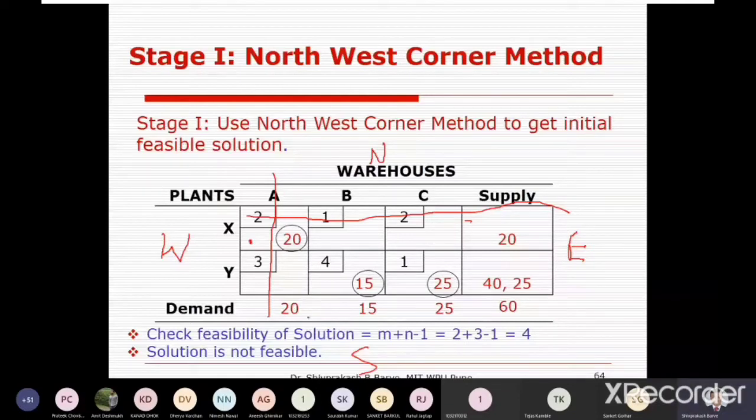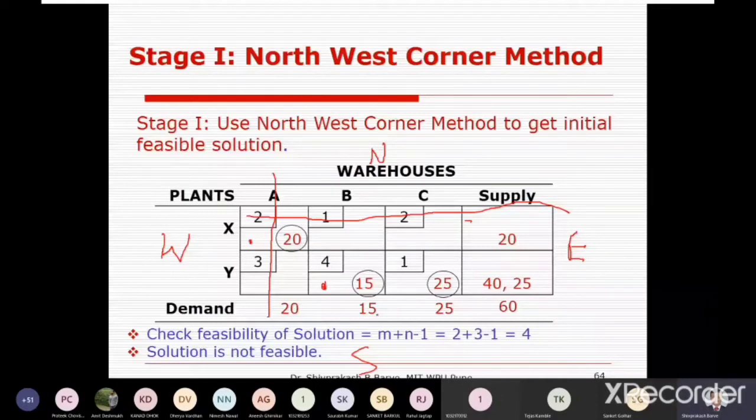Now, from the available matrix, only 2 cells are available for the next iteration. Iteration number 1 is over. Now go for iteration number 2 and find the northwest corner. The available cells are YB and YC, so the northwest corner is YB. At YB, supply available is 40 and demand is 15.